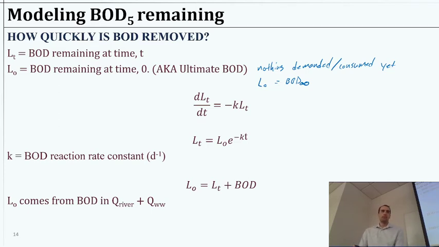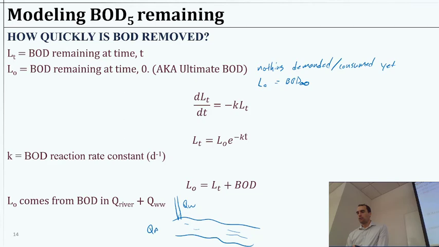Now, in practice, if we actually have a river, and we're discharging wastewater into that river, so let's say we have a river flowing, with a Q river, and wastewater is discharged in, then our L naught in practice is going to come from the combination of whatever BOD we had in the river, which sometimes there's a little bit, plus the BOD in that wastewater.